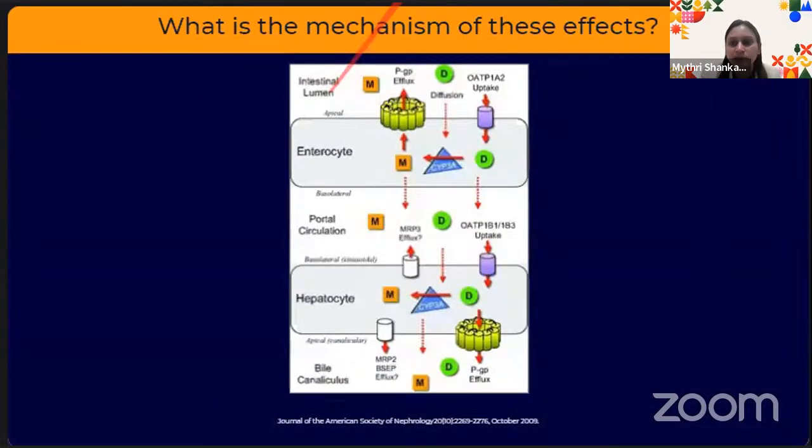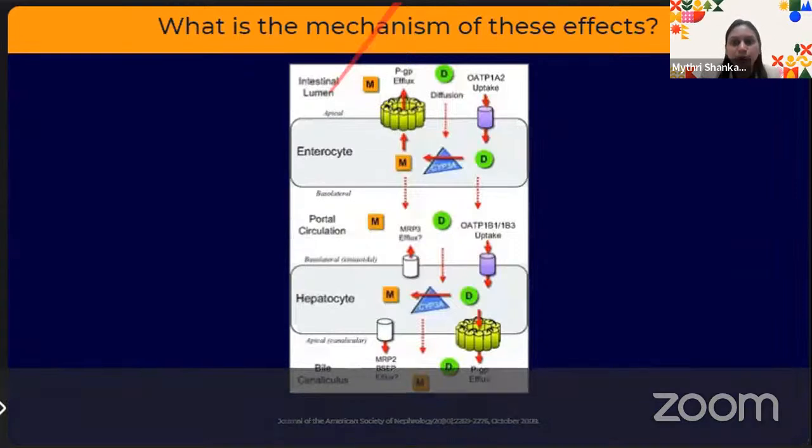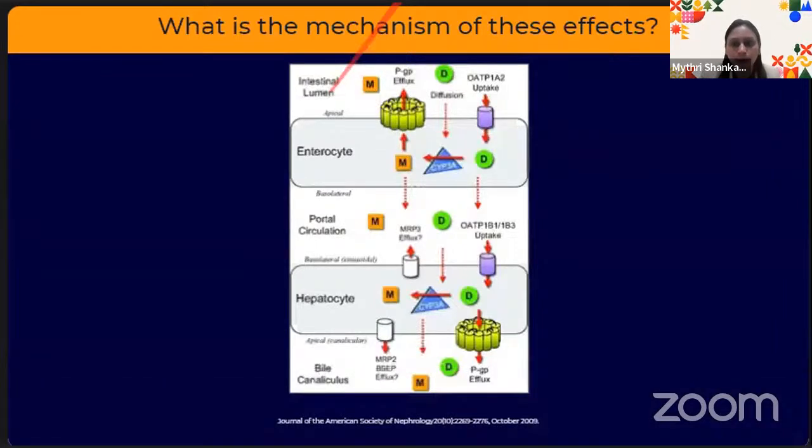So what is the mechanism? It is the action of organic anion transporter, P-glycoprotein and cytochrome that determines the disposition of many drugs. So briefly, the oral administration of drug D, that is the green circle, comes in contact with enterocytes lining the lumen of the gut wall, where it may either diffuse or undergo active organic anion transporter-mediated uptake across the apical membrane into the enterocyte, followed by cytochrome metabolism.